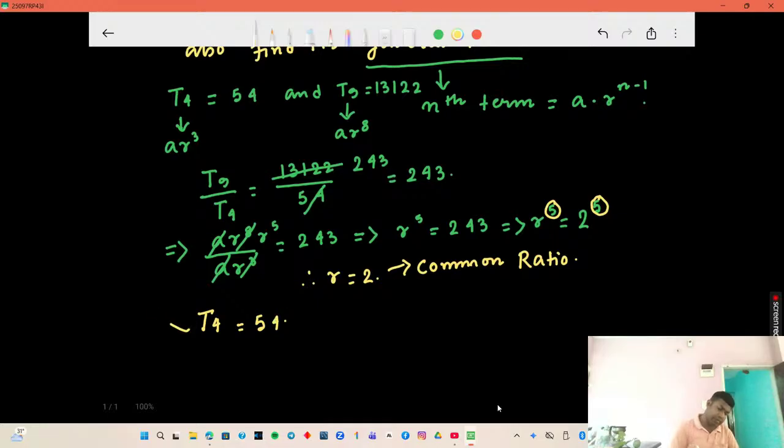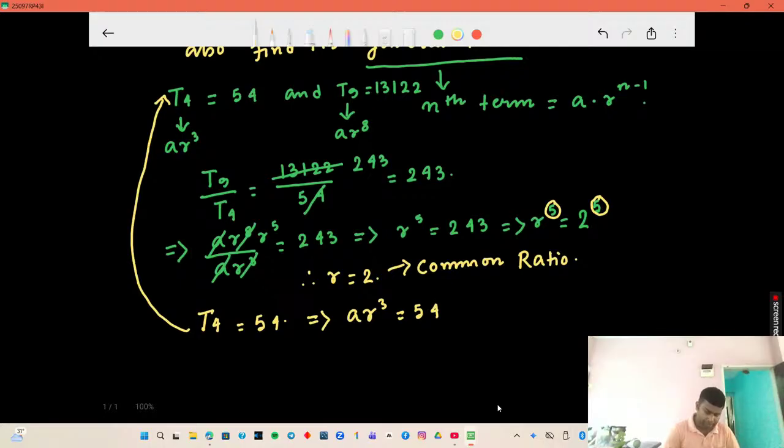As you can see, the fourth term of the GP is given as 54. Therefore, what we can write for T4? We can write A R cube is equal to 54.